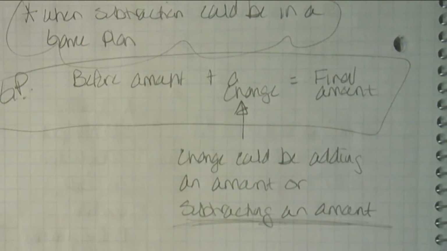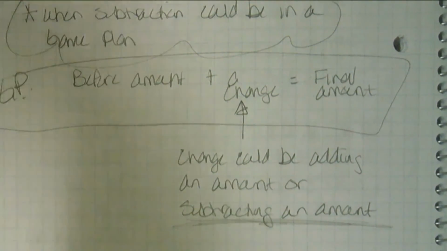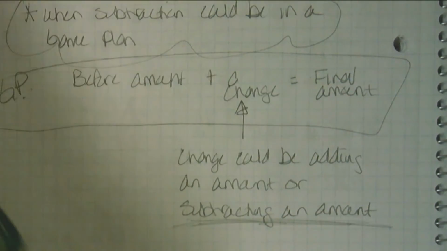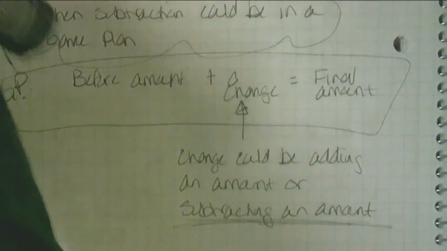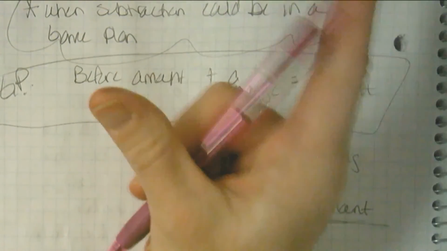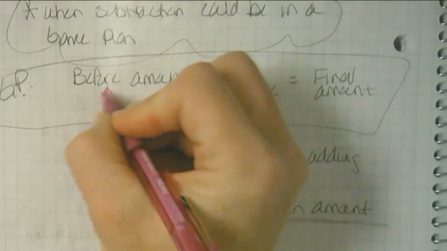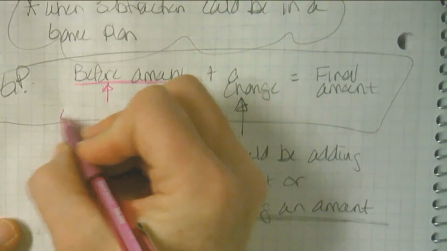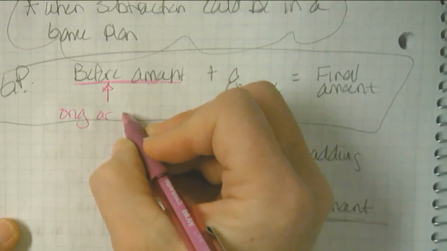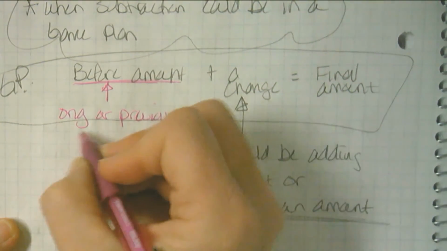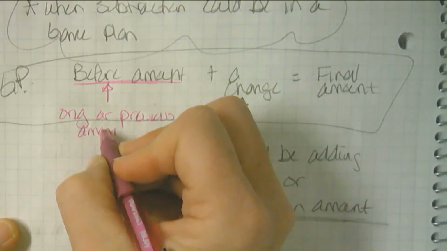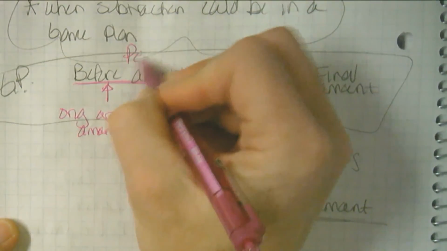All right, so I want to show you a story problem, and you've got to decide, again, your parts equal your whole. Your before is always a part. So your before or your original, or previous, that's another way to say it, amount, these are always a part.